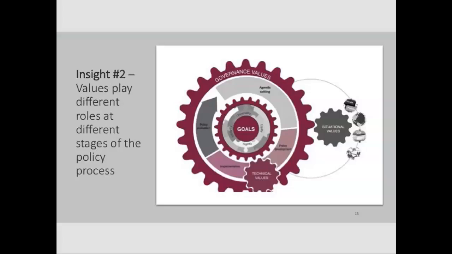But in policy development, these goals play a different role because they help to prioritize what strategies are more suitable to accomplish the goals that the policymakers decide are the goals of the health system. So they play different roles at different stages.